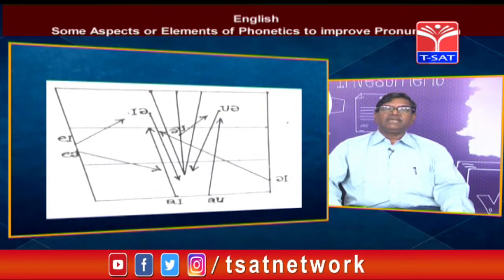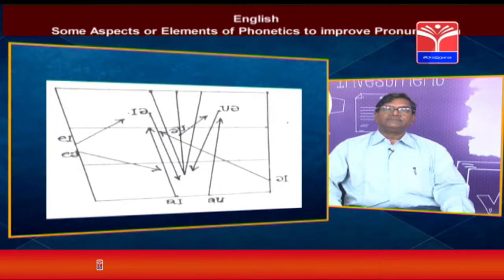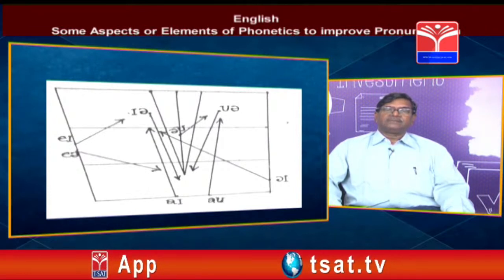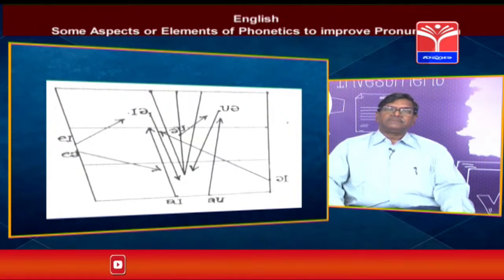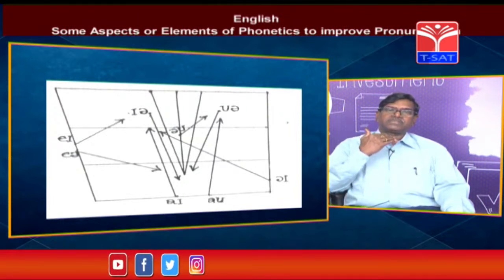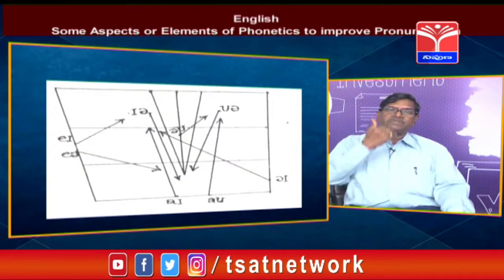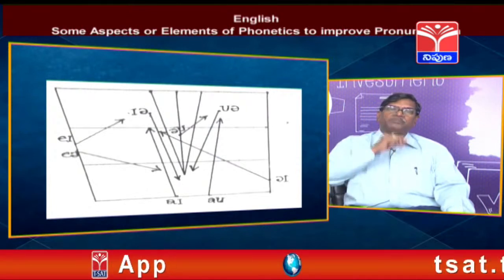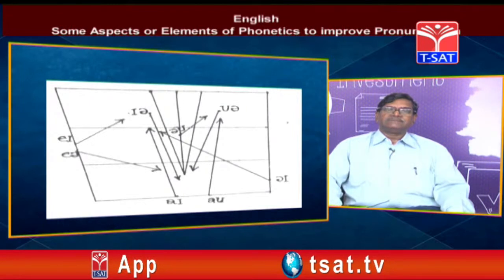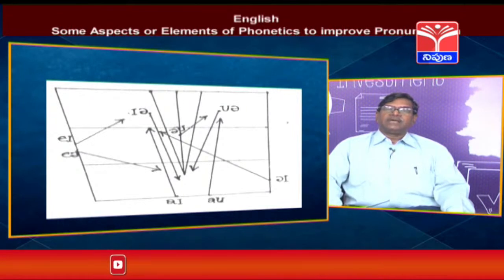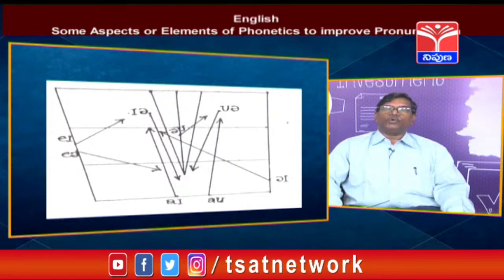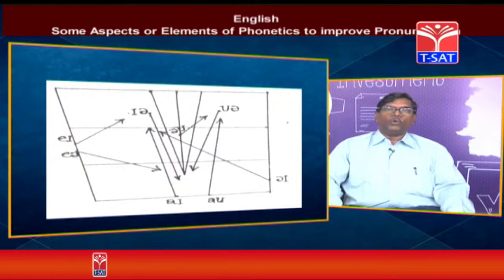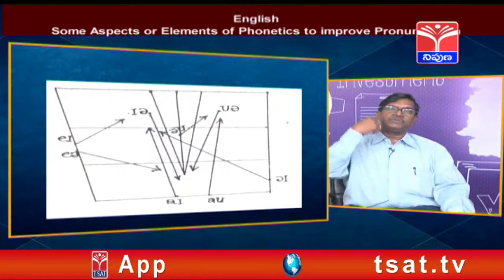So when we say E, it is the front portion, not the tip of the tongue, that goes up and almost closes the cavity. And if the back portion of the tongue goes up, as when we utter oo, that is the back portion.